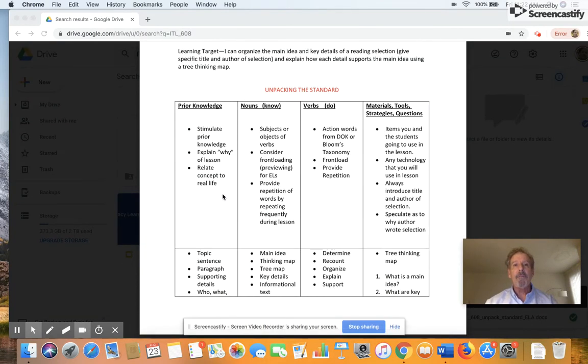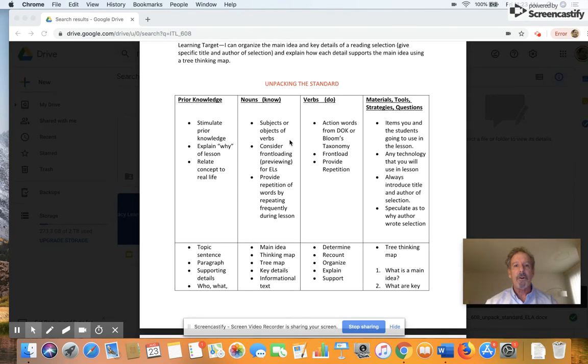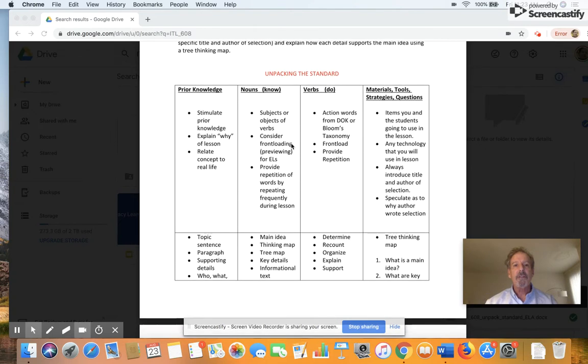The next thing for unpacking the standards are the nouns. You want to teach the students what the nouns are in the standard. So what are nouns? Nouns are the subjects or objects of verbs. You want to consider front-loading or previewing the nouns with ELs before the lesson, ELs being the English learners of the class.